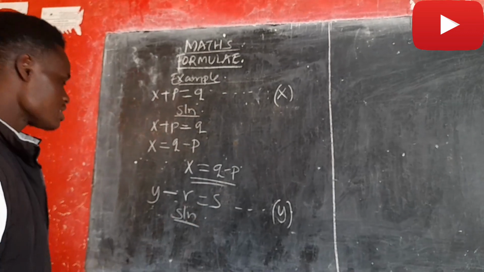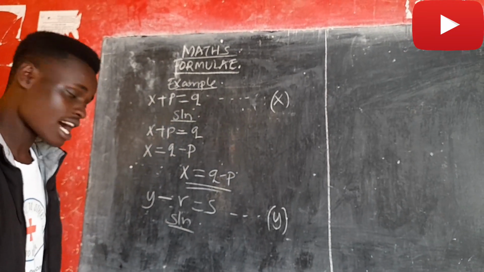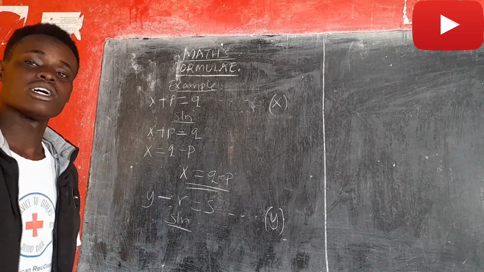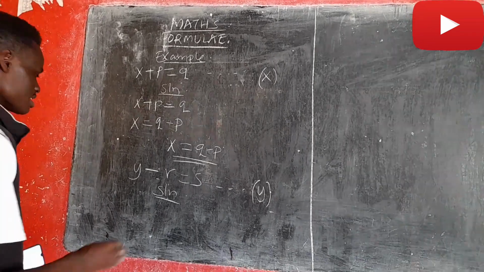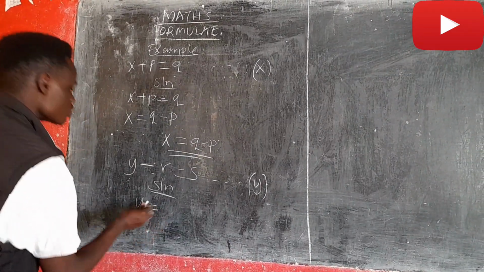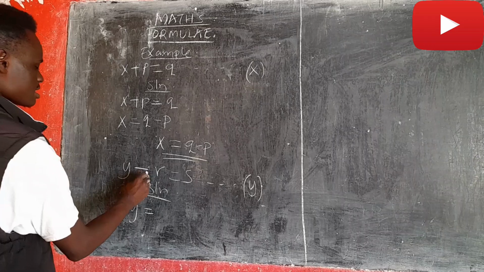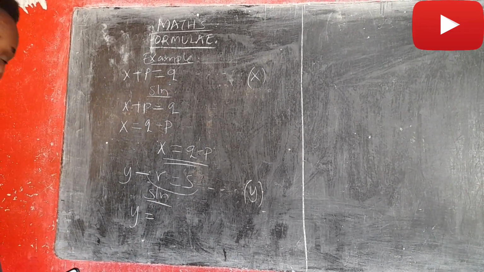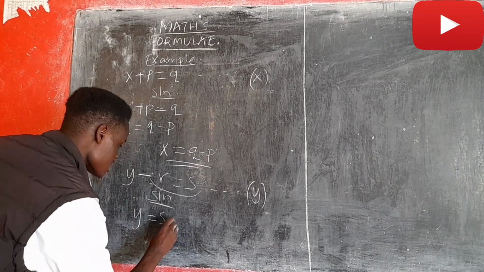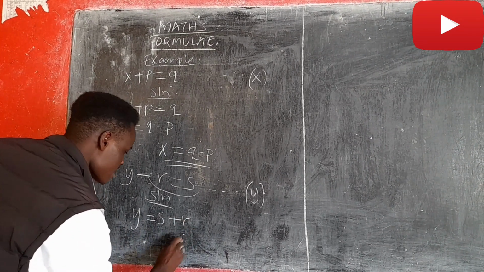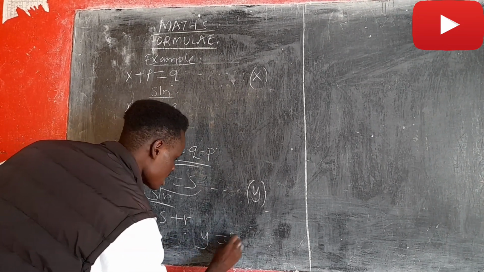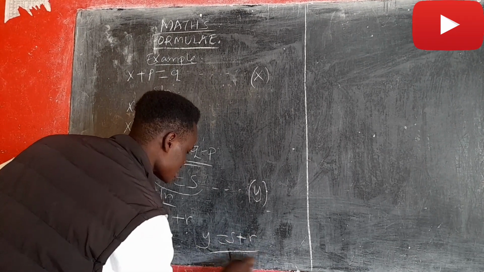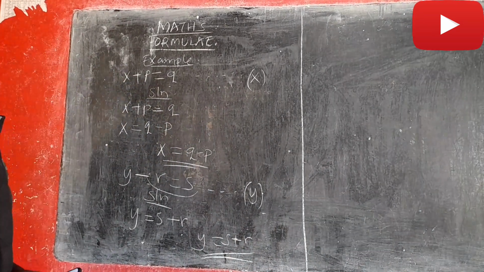So y is going to remain on the left hand side, then other things go to the right hand side. So it will be y is equal to, the r is negative. When you cross the equal sign, it becomes what? A positive. So it will change its sign. So it will be s plus r. And therefore we can say y is equal to s plus r. And that's how we make the subject of the formula.